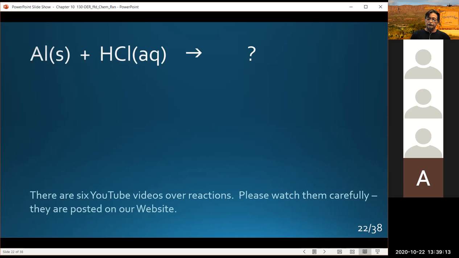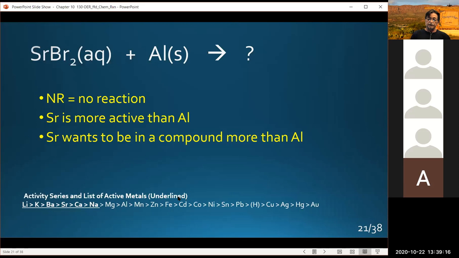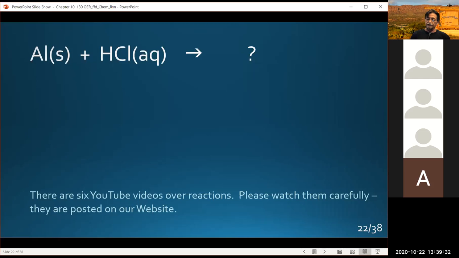Well, you go back to the activity series and you find aluminum down here in the bottom left corner and hydrogen way over here just past lead. So aluminum is a lot more reactive than H, or hydrogen. And so the next question is: is the most reactive metal hydrogen in ionic form?